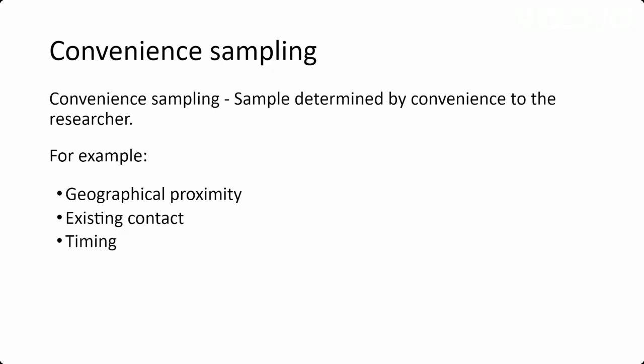There is also timing. Who's available at that time when you are doing the research? These are some of the factors that influence the decision of the researcher under convenience sampling.